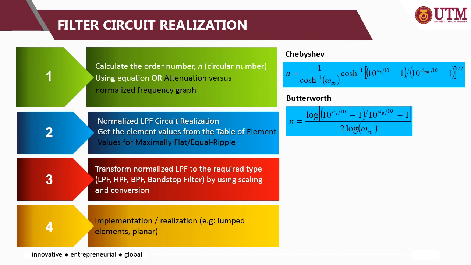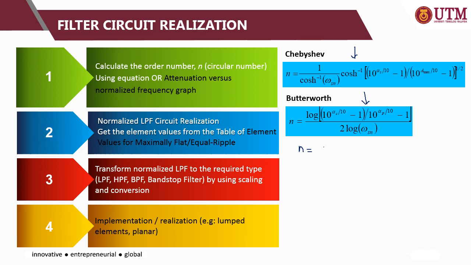I believe that you have seen this in the signals and systems course. The first step, the most important part, is to determine the filter order number, either by using an equation, by calculation, or by referring to a graph. I believe in signals and systems you have seen these two equations to calculate the Chebyshev and Butterworth filter order number. Once you get the n, you should round it up to the next higher whole number.